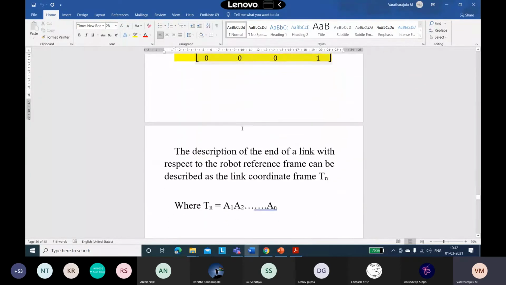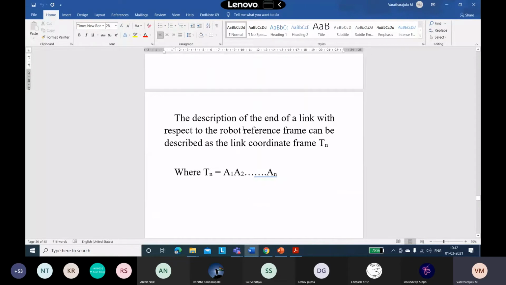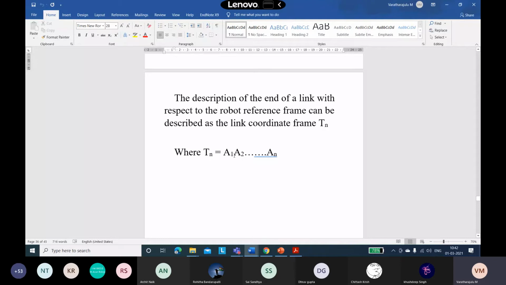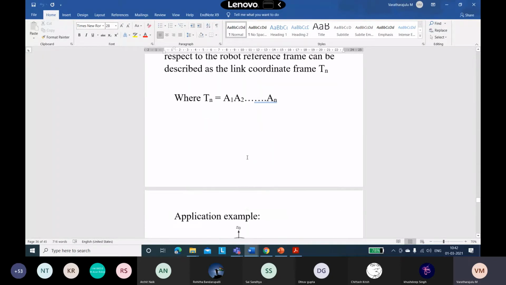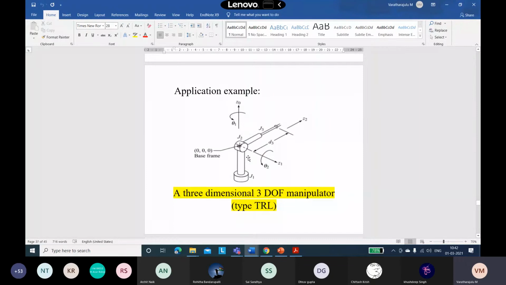The description of the end of a link with respect to the robot reference frame can be described as the link coordinate frame Tn. Therefore, Tn is equal to the multiplication of the different matrices, A1, A2, and so on until An. Now to detail the above, we have some practical application.